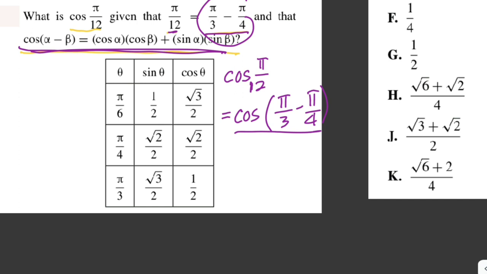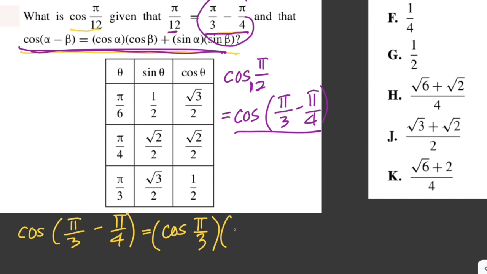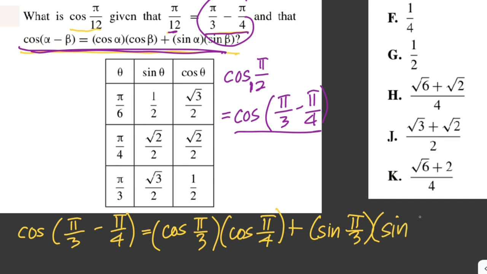So that would be cosine of pi over 3 minus pi over 4 is just equal to the cosine of pi over 3, that's our alpha, times cosine of pi over 4, plus sine of pi over 3 times sine of pi over 4.